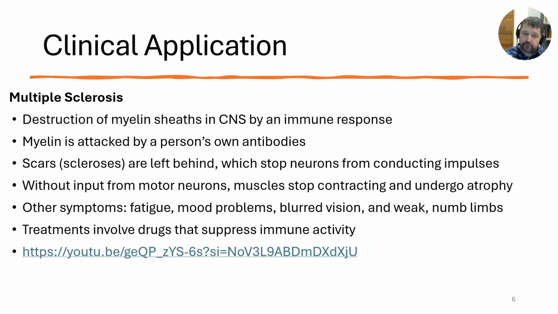Lots of treatments have been studied and brought to the forefront for MS, but most of them are just trying to make your immune system less active. So they suppress the immune activity, which we know can be problematic.